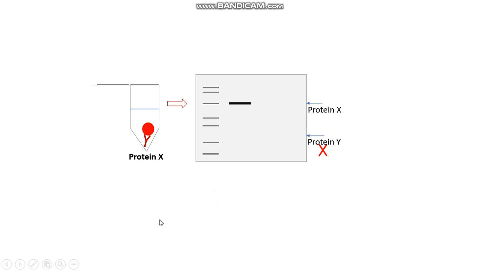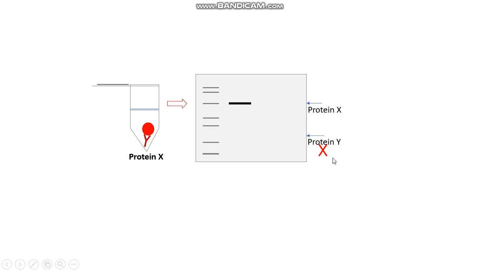However, if these proteins are not interacting with each other, then you cannot get the complex, right? The antibody can only bind with the target protein, but the target protein cannot interact with other proteins like protein Y. In this case, after incubation with the protein X antibody, you will get the protein X band.